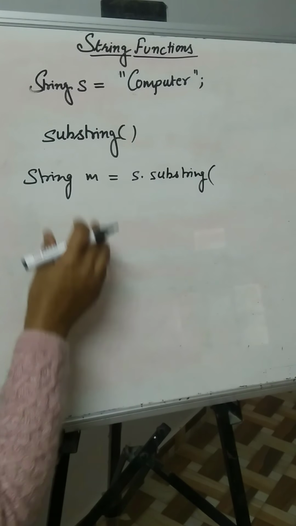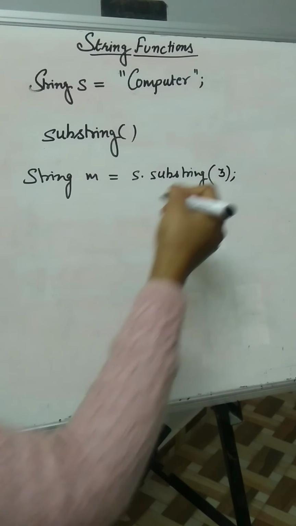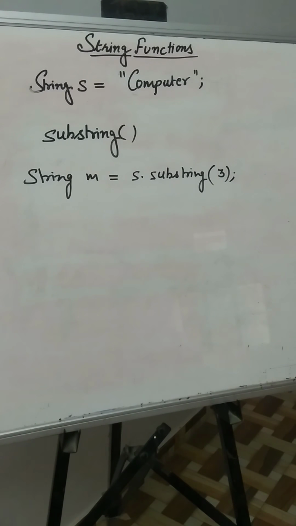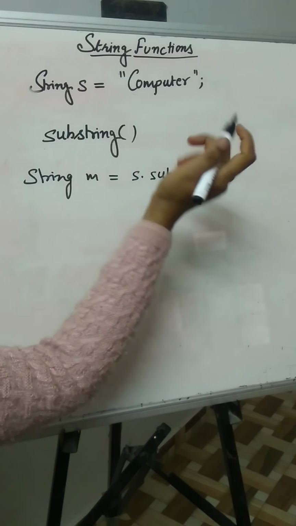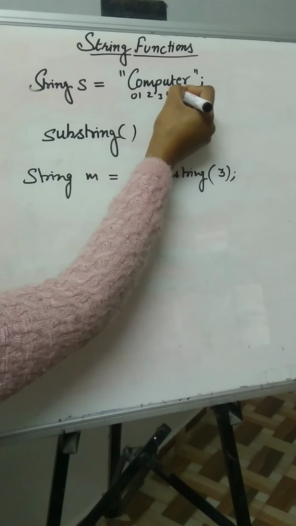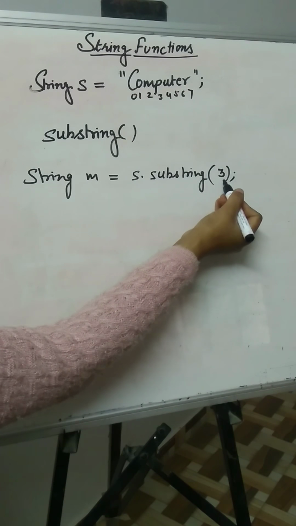In the substring function, we write the index value from where you want to extract the string. So substring 3. The indexes are 0, 1, 2, 3, 4, 5, 6, 7. It's the string index position. Here we write 3.